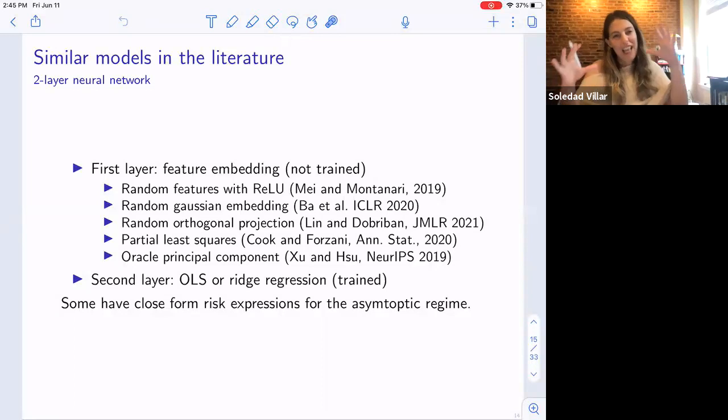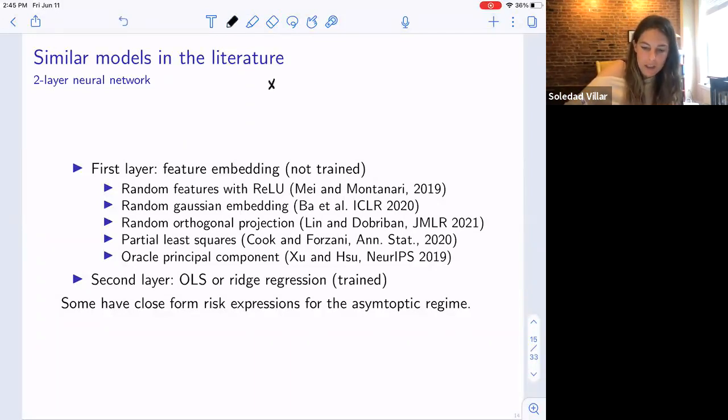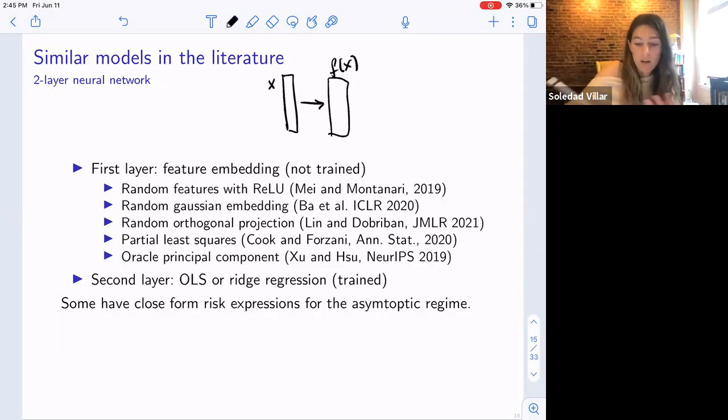They consider two-layer neural networks where you start with the data, X, which is the input. Then the first layer produces some f of X, which is the features, called the feature embedding. And then there is another layer that gives you the output, Y.